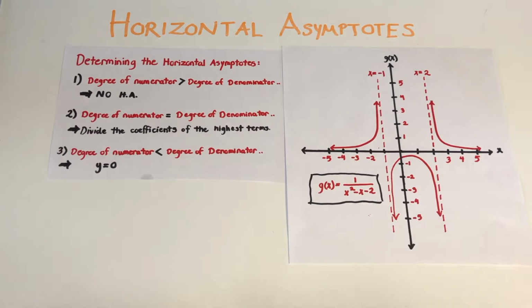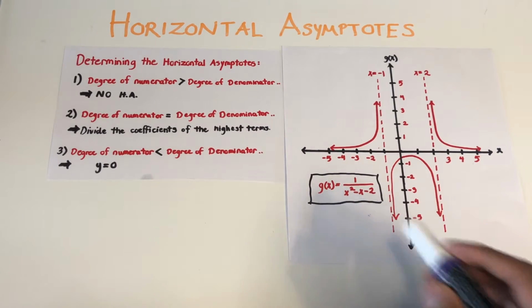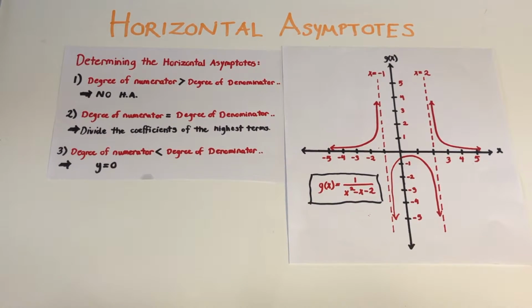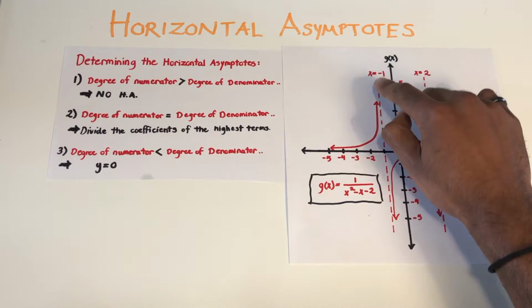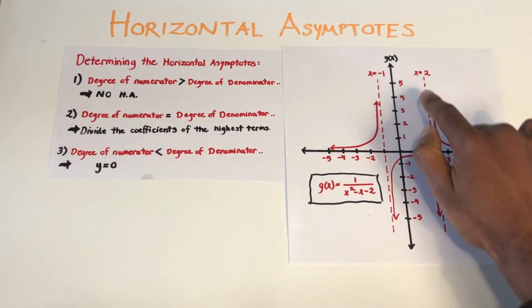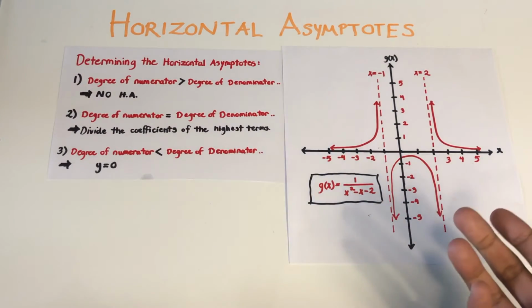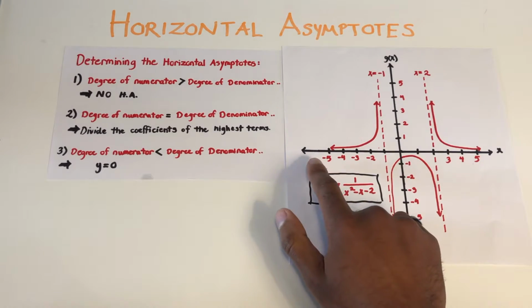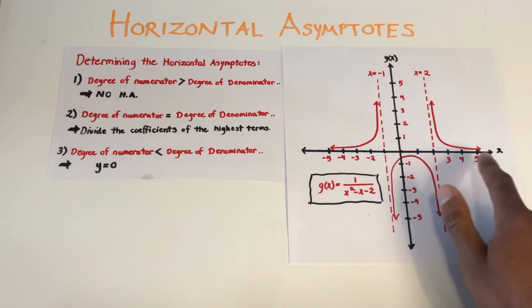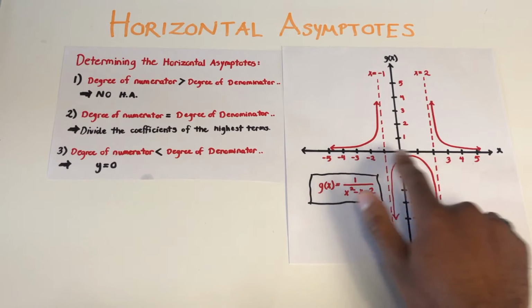Here we have the function g of x is equal to 1 over x squared minus x minus 2. Clearly, the highest degree of the numerator is less than the degree of the denominator. Notice how we have vertical asymptotes at x equals -1 and at x equals 2. We also have a horizontal asymptote, which is what we are asked to find, right here at y equals 0.